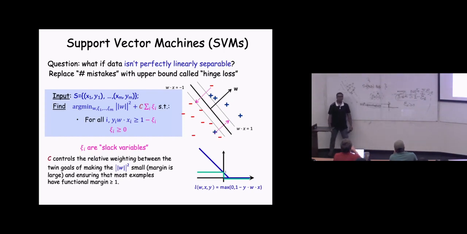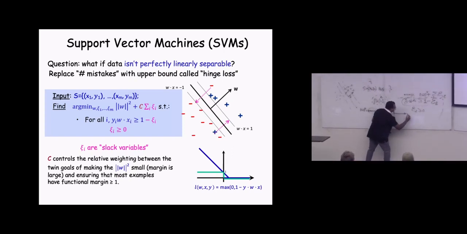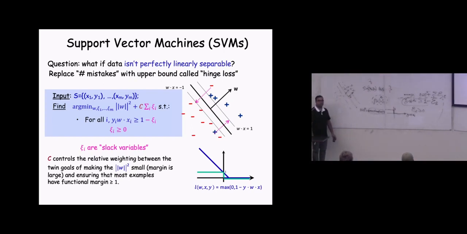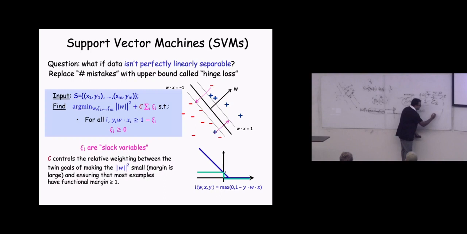Right? What is this x-axis? This is yi dot w dot xi. What should this value be in order to do a correct classification? What do we expect this function to be, so that our classifier is correct?